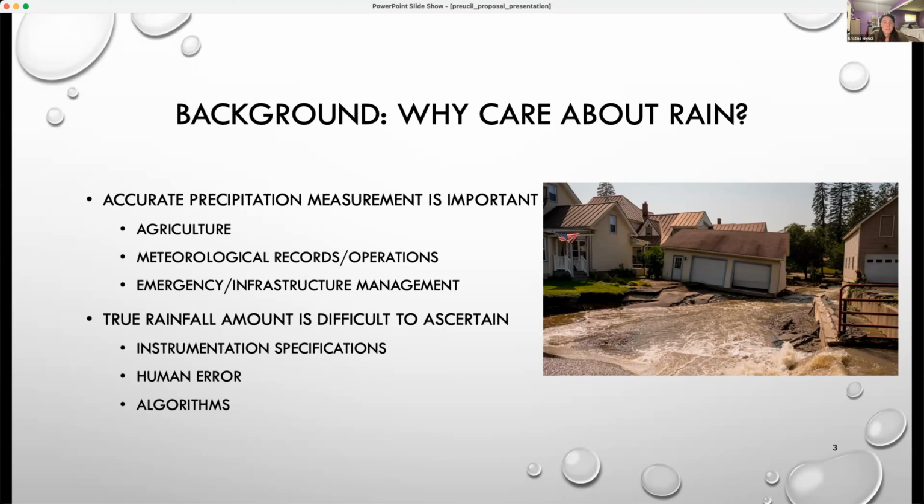Another example would be meteorological records and operations. Meteorologists use climatology records to initiate numerical weather prediction models, which in turn they use to initiate their forecasts that you and I would use on a daily basis. And lastly would be emergency management and infrastructure management.